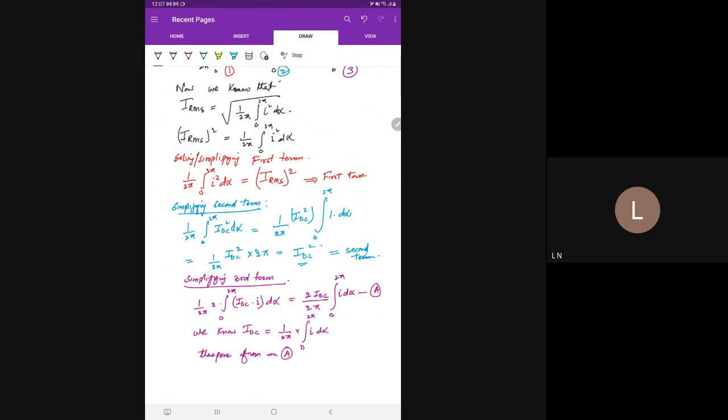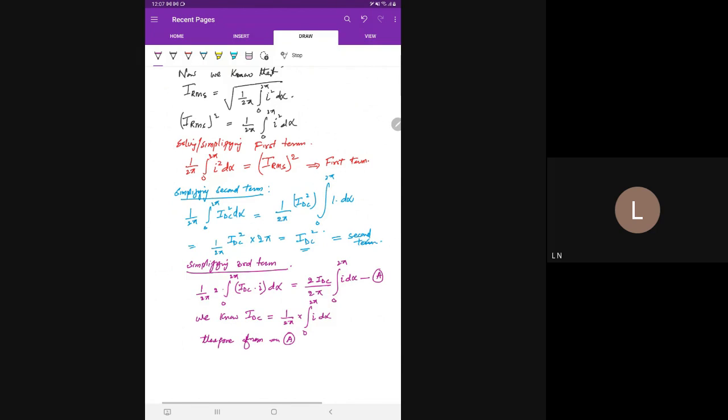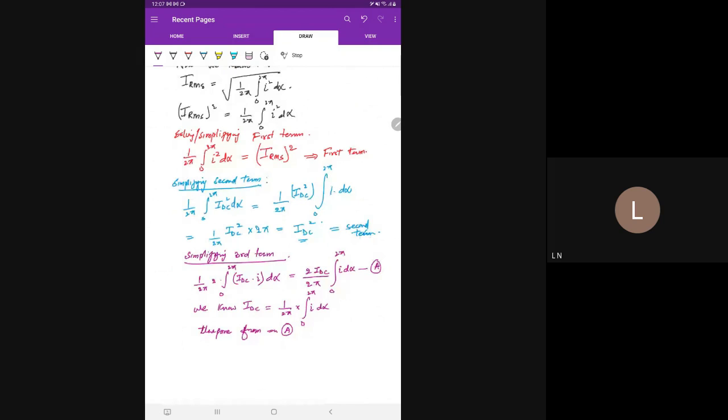Our equation A will be reduced to 2 into IDC into 1 by 2 pi integration of 0 to 2 pi I d alpha, and instead of this term, we can write down IDC.